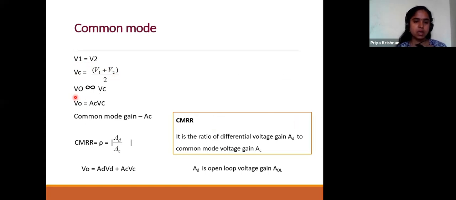Now, like in my old difference mode, I take V out proportional to VC. In the previous case, difference mode, we took V out proportional to VD. Here it is V out proportional to VC. To remove this proportionality, similarly, we introduce one constant. The constant here is the common mode gain, that is AC.